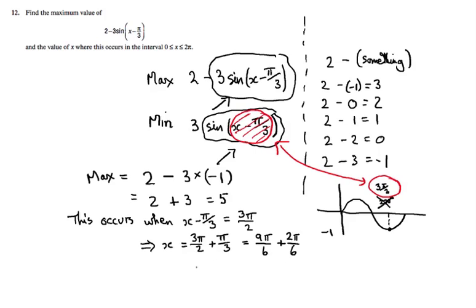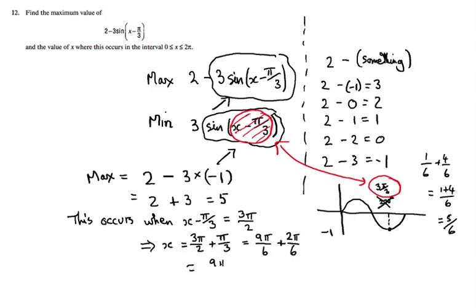So we've now got 9 pi over 6 plus 2 pi over 6. If it was 1/6 plus 4/6, for instance, you'd have 1 plus 4 lots of 6, 5/6. So you just add the top two expressions.